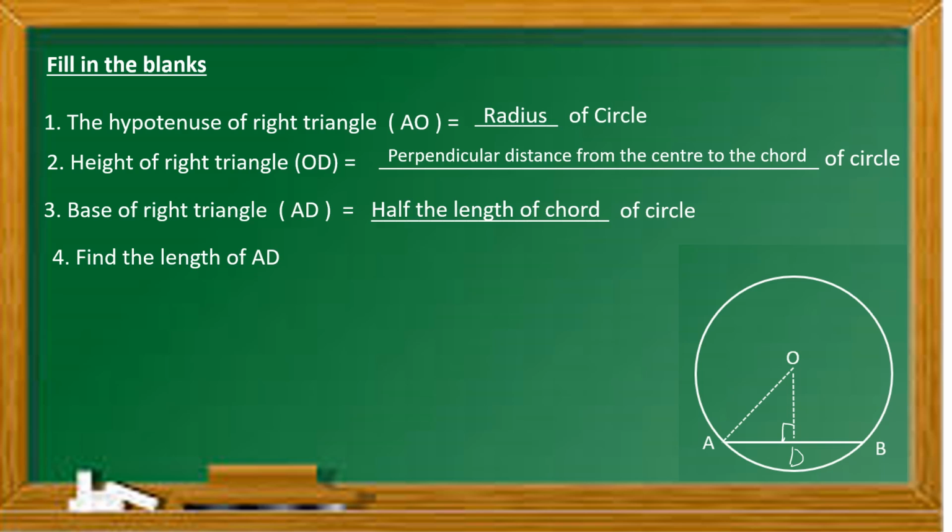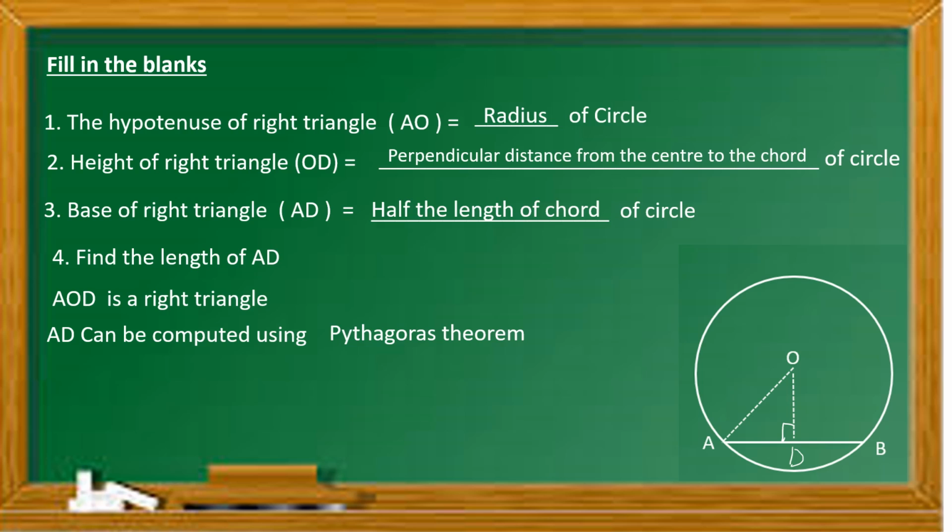Yes, how will you find? Triangle AOD is a right triangle and you will find the length of AD by using Pythagoras theorem, isn't it? So AD can be computed using Pythagoras theorem, and that is hypotenuse square equal to base square plus height square.